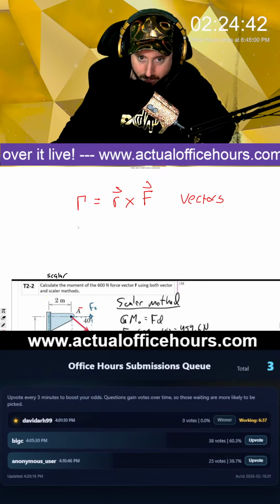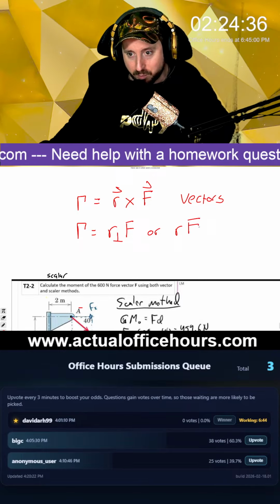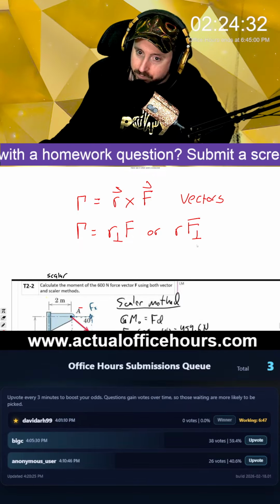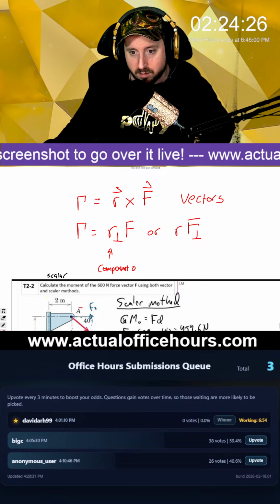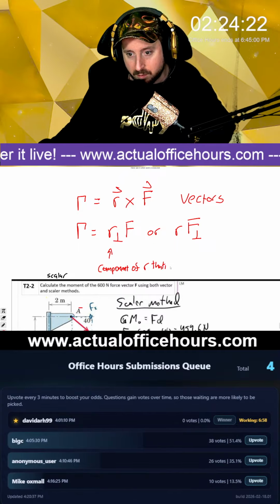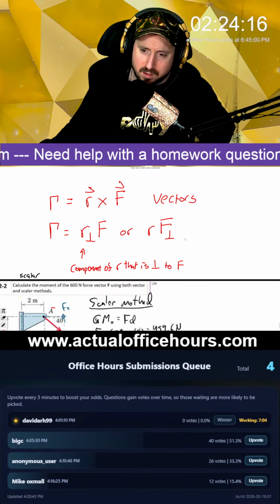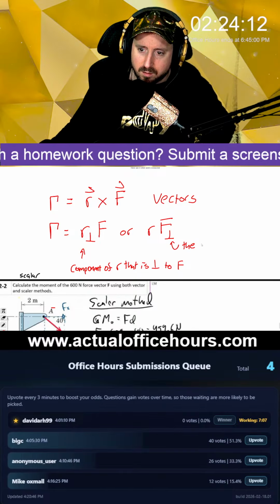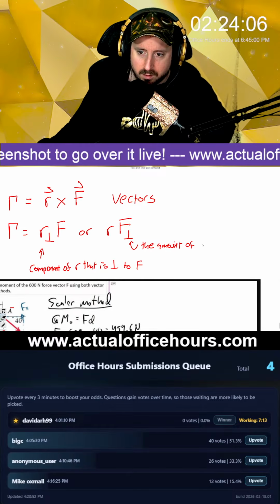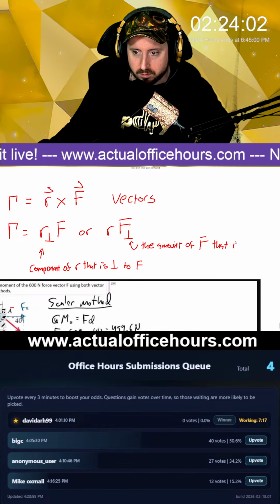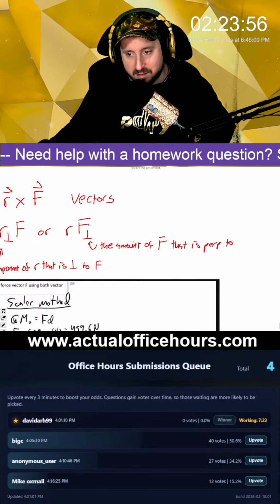The other way to do it is to say that it's equal to R perp F, or R F perp, where this is the component of R that is perpendicular to F, and then this, I guess, is the amount of F that is perpendicular to R. Yes, exactly, to where the force is being applied.